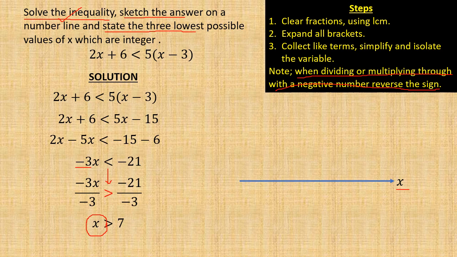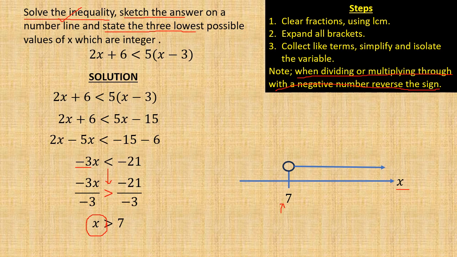The next is to locate 7 anywhere on the line. That is 7 here, as you can see. Then we have a small circle on it and an arrow facing right. Why? Because it's greater than.